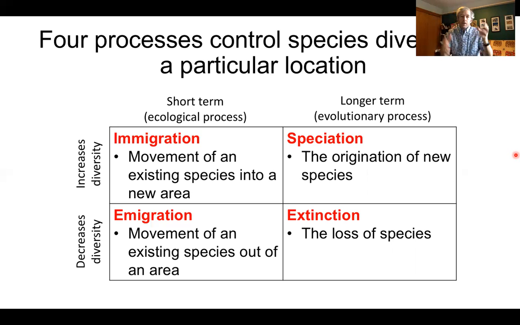You can draw them up in a 2x2 box. We have our 4 processes, 2 that take place in the short term, 2 that take place in the long term, 2 that increase diversity, and 2 that decrease diversity. And these are the basic underlying principles that determine the diversity of species in a particular location.